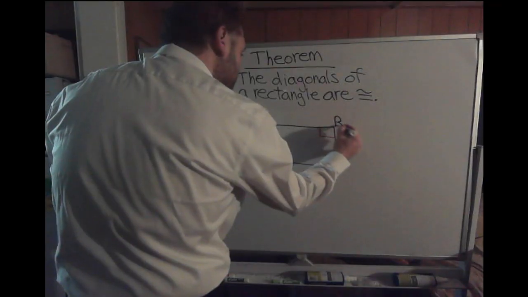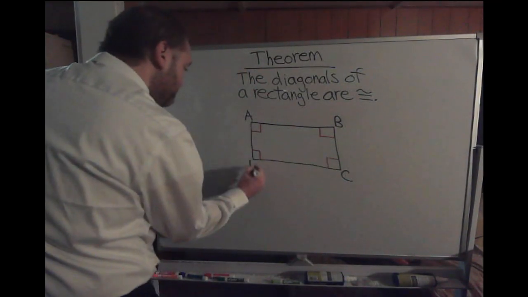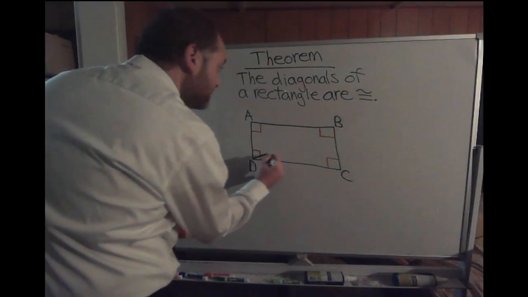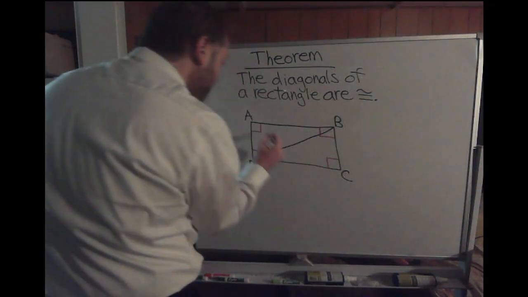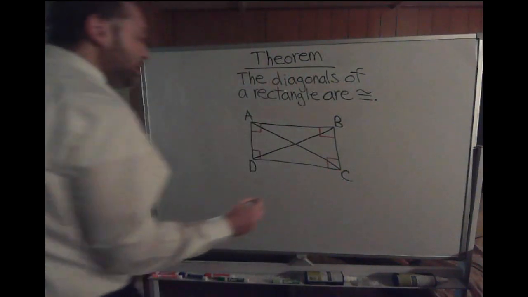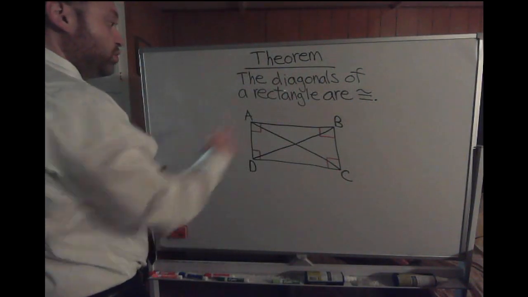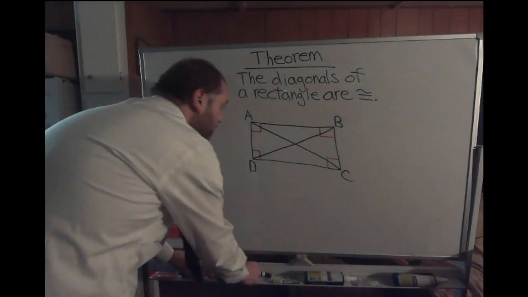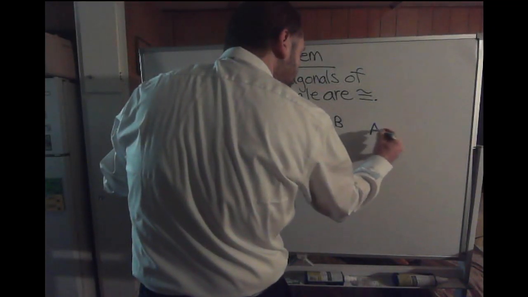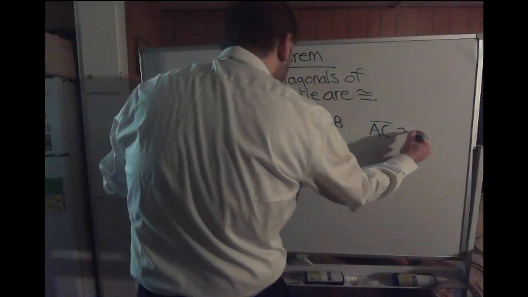A, B, C, D. Alright, so we have rectangle ABCD. Well, if I draw diagonals here, in a rectangle, according to this theorem, we can say that AC, that diagonal, is congruent to BD.